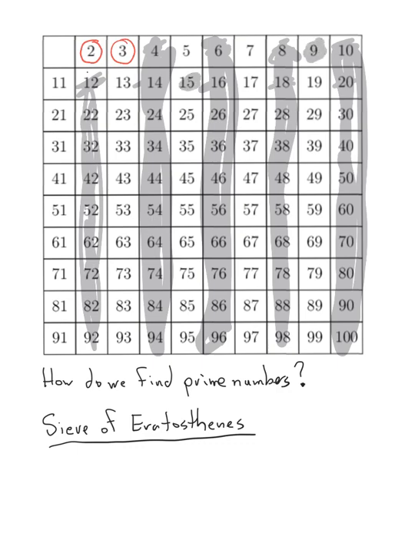9, 12, 15, 18, 21, 24, 27, 30, 33, 36, 39, 42, 45, 48, 51, 54, 57, 60, 63, 66, 69, 72, 75, 78, 81, 84, 87, 90, 93, 96, and 99.